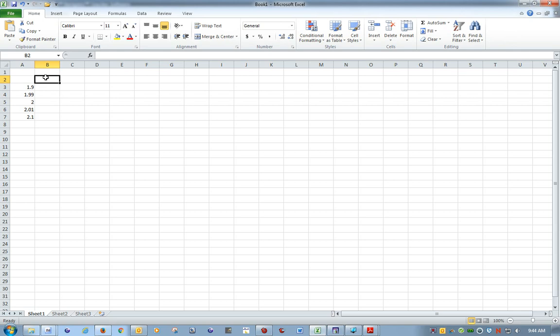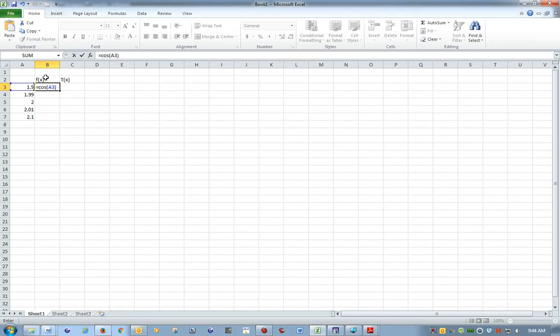Now I want this to be f of x, and this is the tangent of x. So we're going to have to build this. I use a lot of parentheses. Start with an equal sign. We're going to do a cosine of this value, correct? Alright.